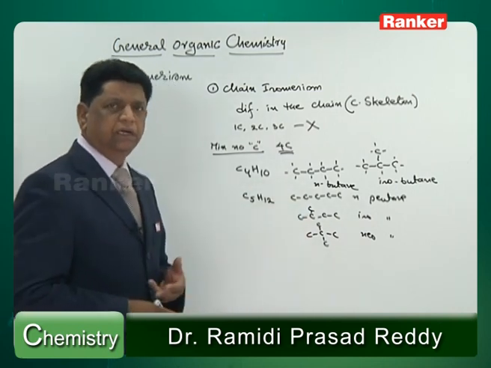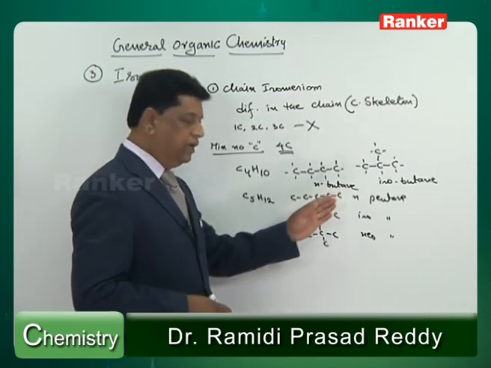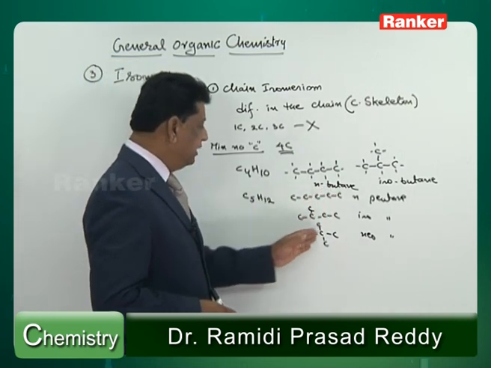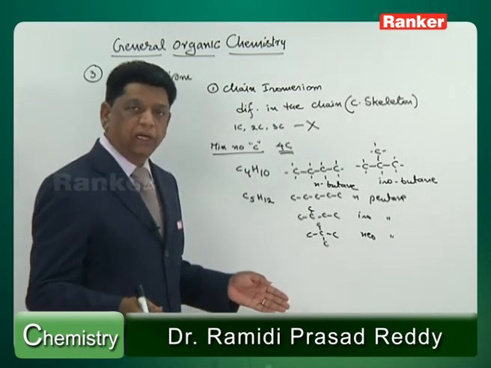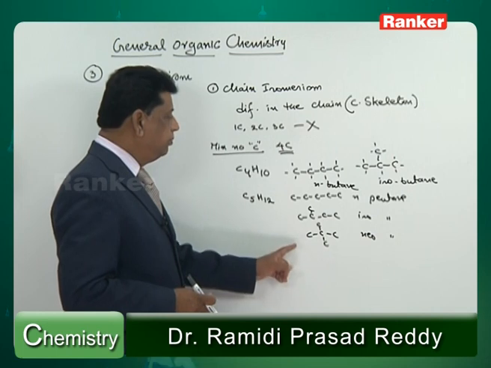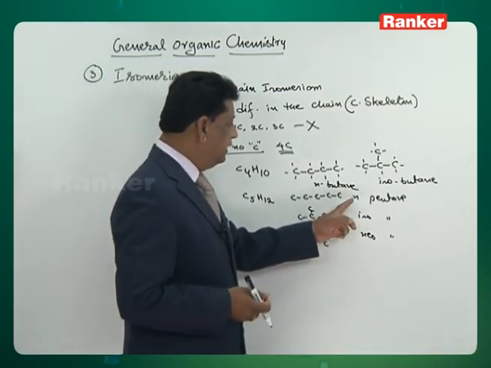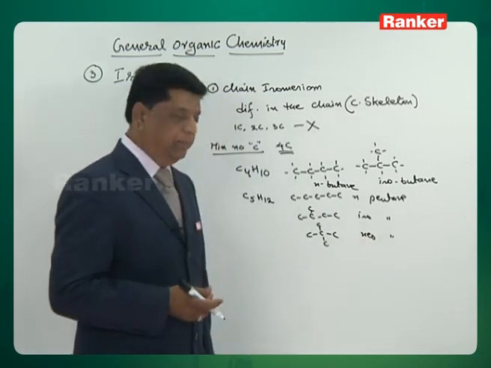This is only a hit and trial method; you have to do it logically: first write the straight one, then write 1 branched, then 2 branched and so on, the more carbons, this is the way you have to develop it. However, some compounds have common names, some have no common names. In this case, N, iso and neo are applicable.